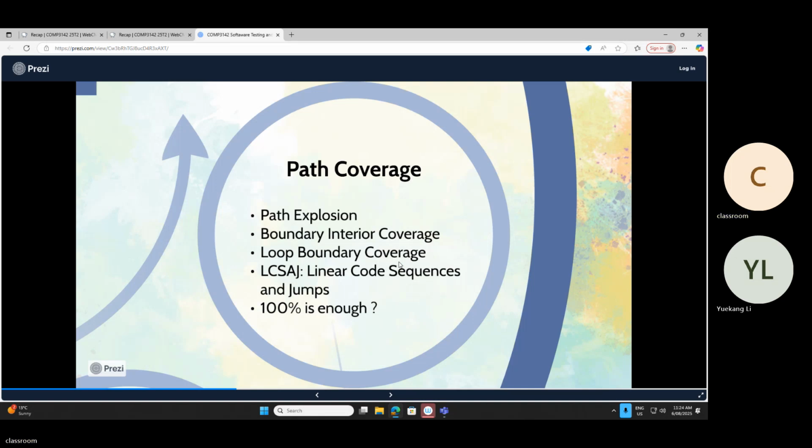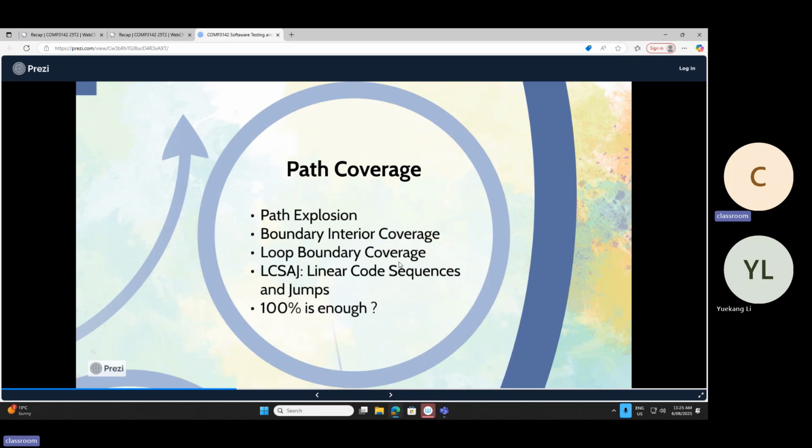So branches and loops are the sources of path explosion. Because of this infamous problem, normally we cannot achieve 100% path coverage for most of the programs we are dealing with because they are just too complex.